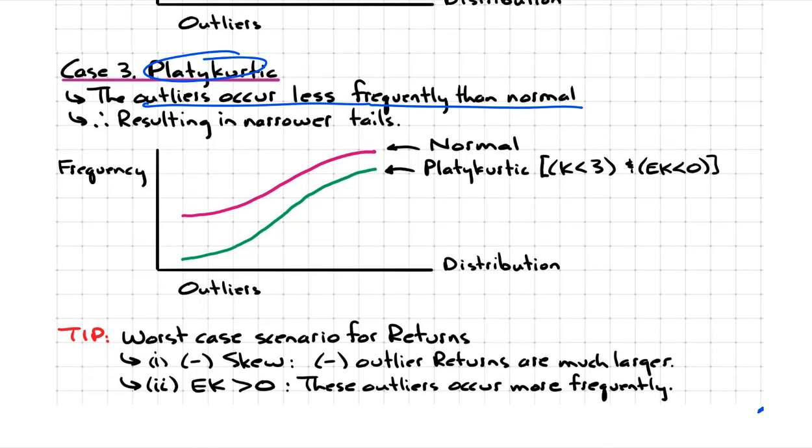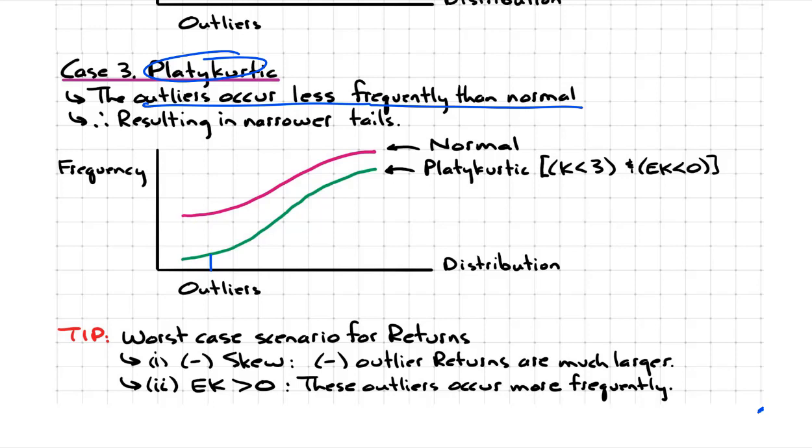So according to normal distribution, these outlier values occur this many times. But if the outliers exhibit a platykurtic distribution, those same outlier values would occur less frequently. And you could see why it's called narrower tails, right? Because under normal, here's the tail width, but under platykurtic, the tail is a lot narrower.